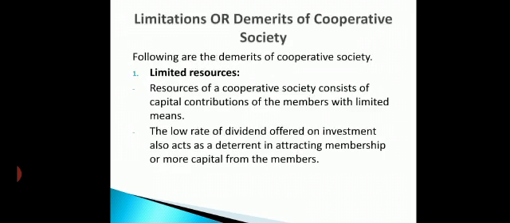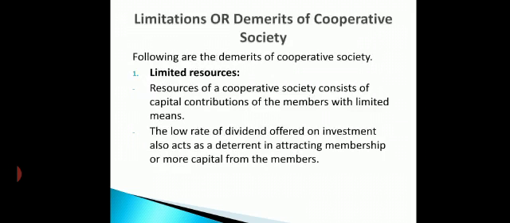So resources of cooperative society are very limited because the members come from weaker sections of the society. Just to gain economic benefit or to have equality, they form the cooperative society. So here the society has limited capital as well as limited means.